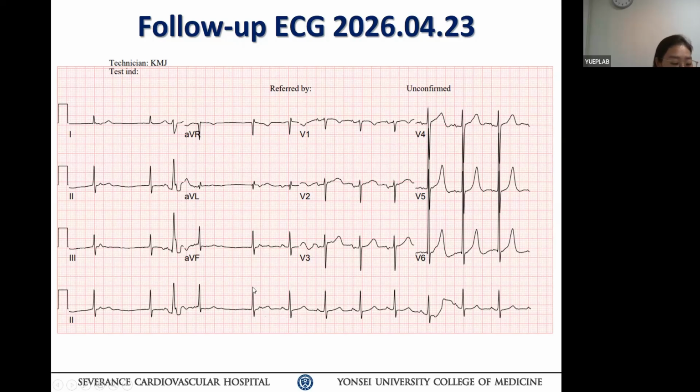I think so. This could be junctional with a retrograde P. No, retrograde should be negative. If it is a retrograde P, the P polarity should be negative in inferior leads. Yes. So then it's likely junctional, and then, as suggested, an ectopic that was not conducted.